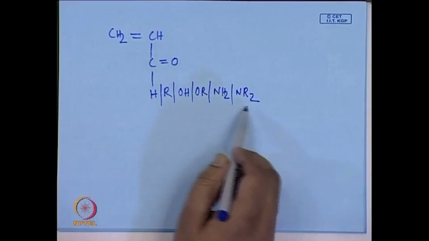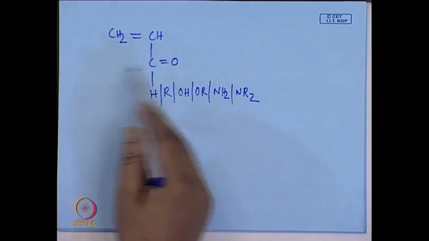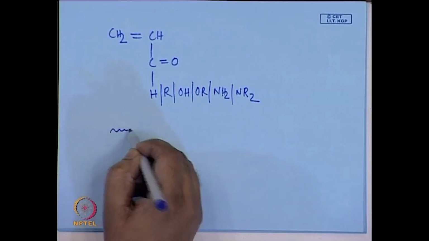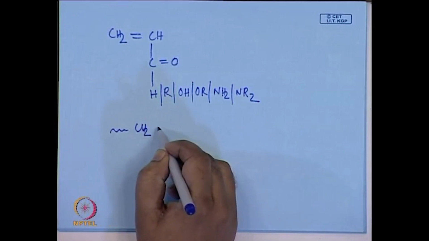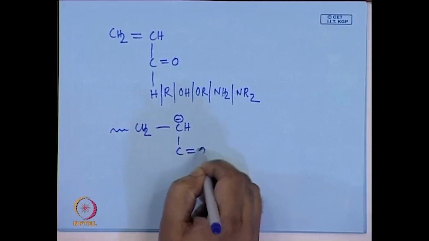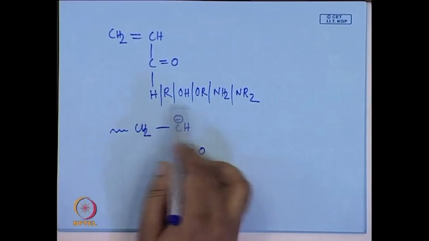So, it could be any of these groups. Now, when these monomers undergo an anionic polymerization, it will form a species like this. It could be any of these species which we wrote here.